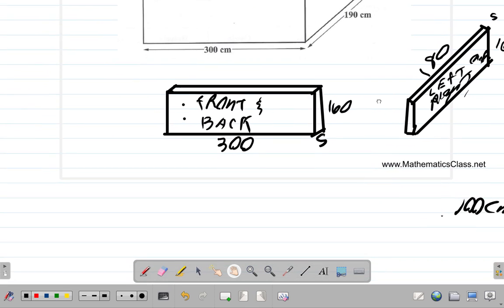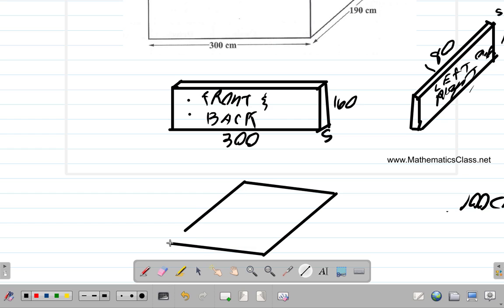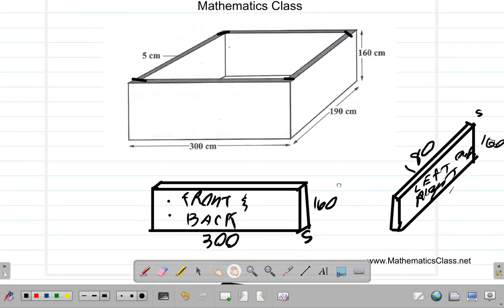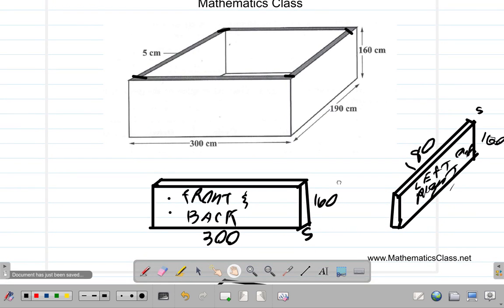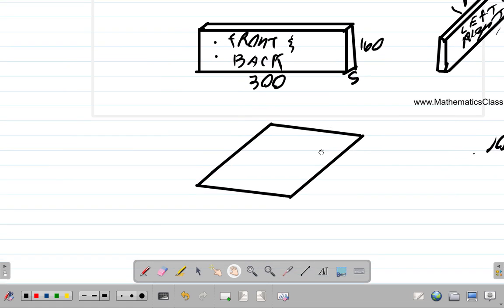And then the base now. I want to put the dimensions of the base. If you draw the bottom of it like so. Now, the base would be 190 minus 5 minus 5, so you have 180 long.